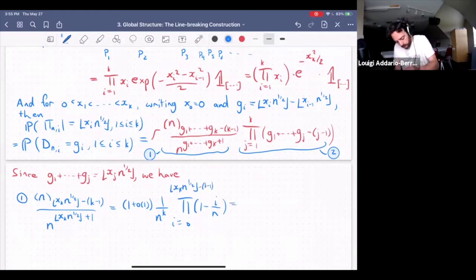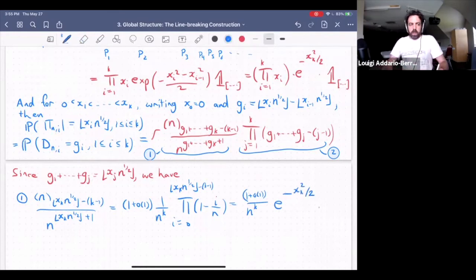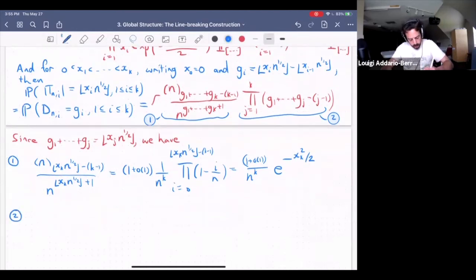So that's giving us 1 plus little o(1) over n to the k, and then e to the minus xk squared on 2. Okay, so that's the first part, and that's similar to what we saw before.